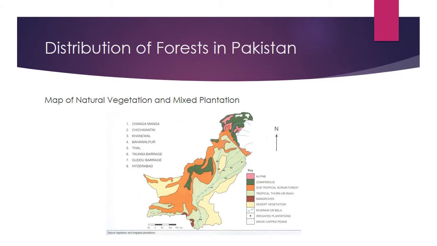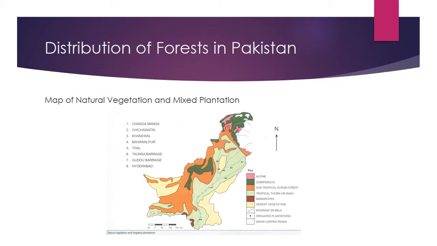Then subtropical scrub forests can be seen with the orange color, and these forests are found in some parts of upper Punjab, Upper Indus Plain, northern parts of Punjab, and KPK, Balochistan.